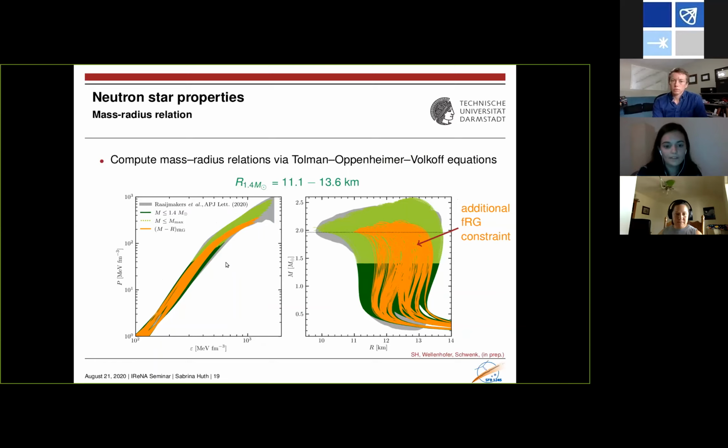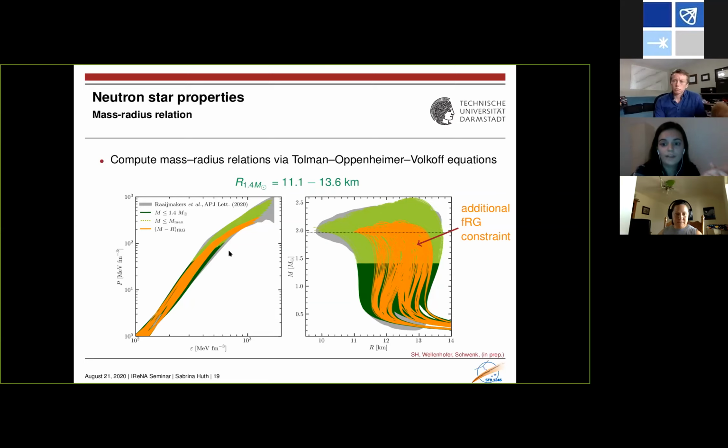And here on the left, you see again that we cover a quite broad range of the uncertainty band from Raaijmakers et al., which is also, of course, reflected here for the mass radius relation. But it's also interesting that we actually get a little bit larger maximum masses here. So there are some AOS that are stiffer, even though they lie within the band from Raaijmakers et al.